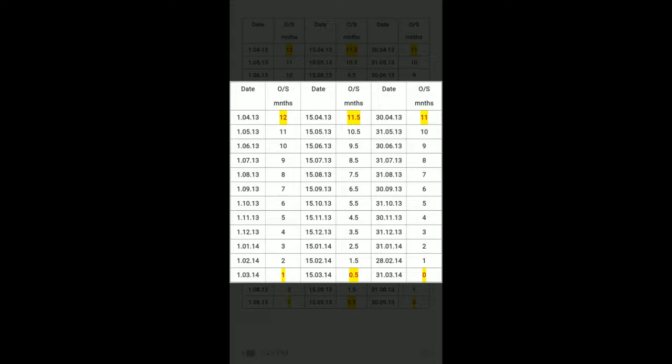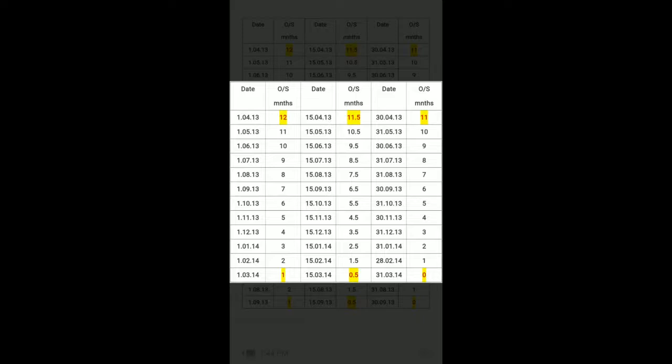Let us try the same for the middle and for the end. Moving on to the middle of every month, see the outstanding months: the largest is 11.5 and the shortest is 0.5. So the average period here is 11.5 plus 0.5 divided by 2, which gives you 12 by 2.